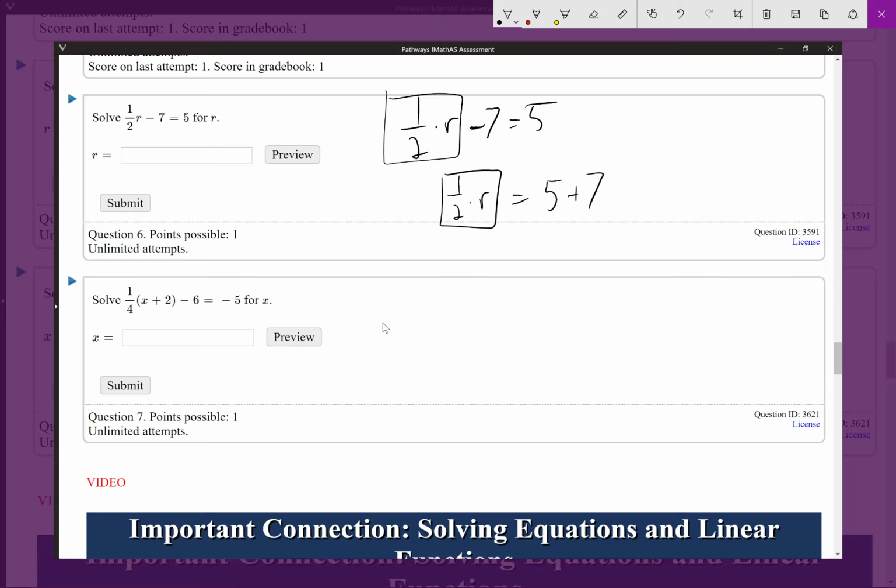Now we can think of 1/2 times r as 1/2 times some number is equal to 5 plus 7. And therefore, this number must be 2 times as large as 5 plus 7. And therefore, r must be equal to 2 times 5 plus 7.